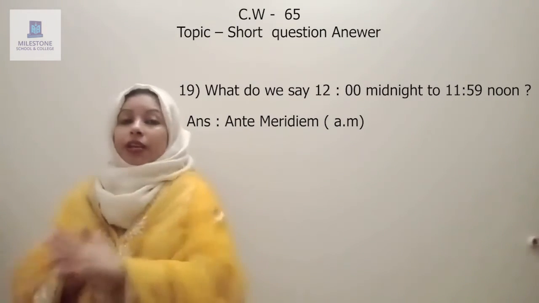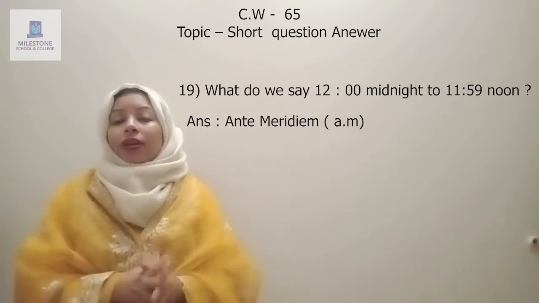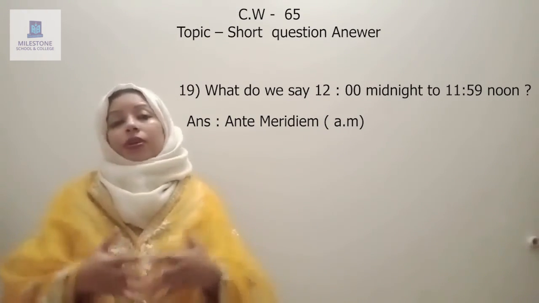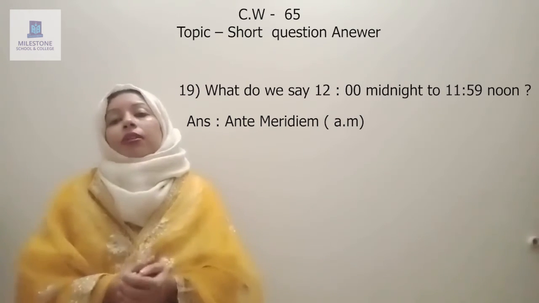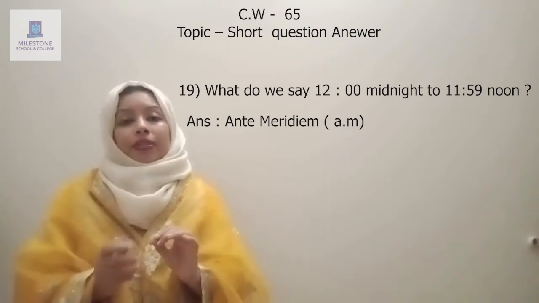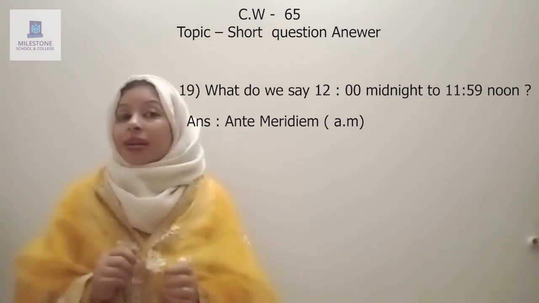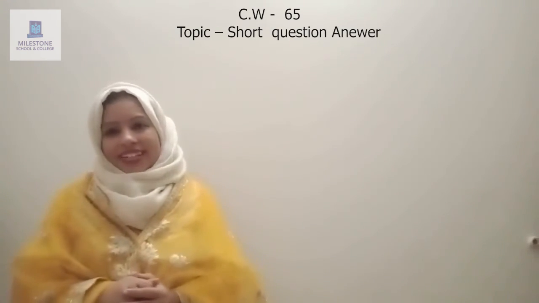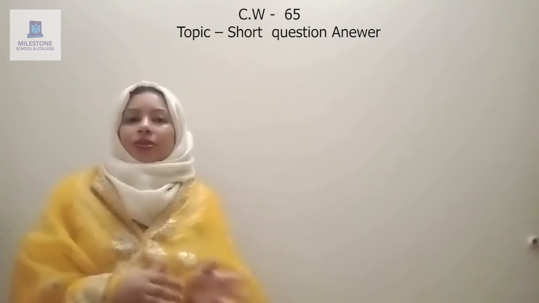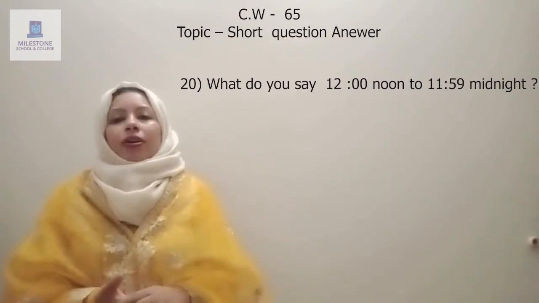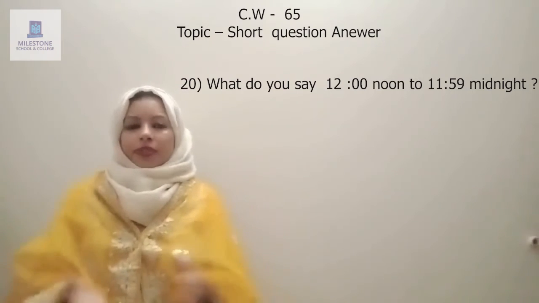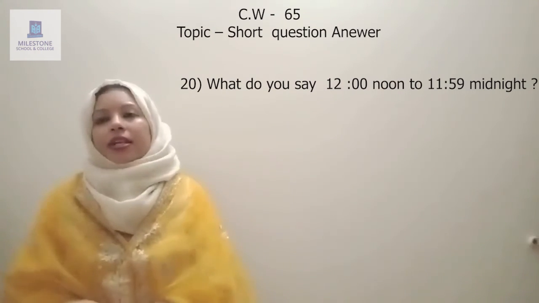We say 12 midnight to 11:59 noon. At that time, we have to always use the word AM. And AM means, we have to learn today, antimeridian. Okay, students?